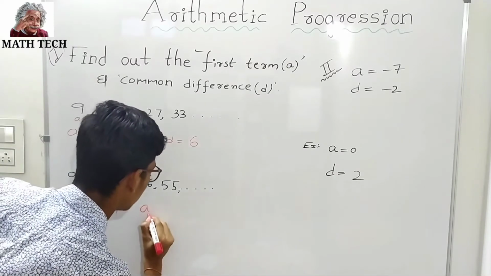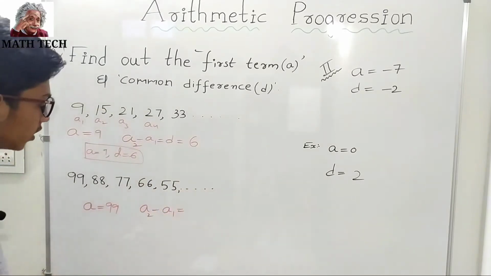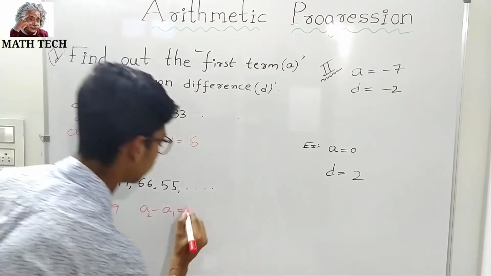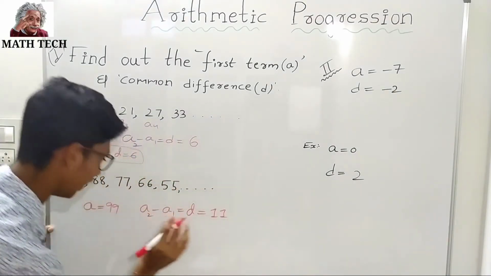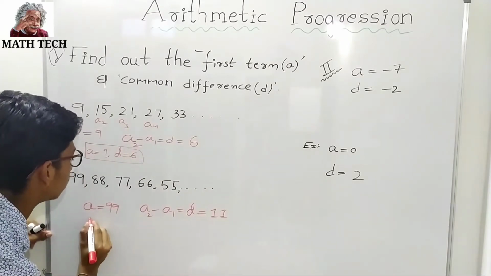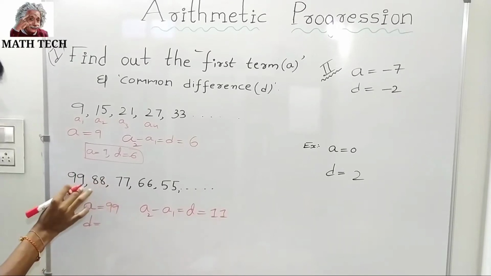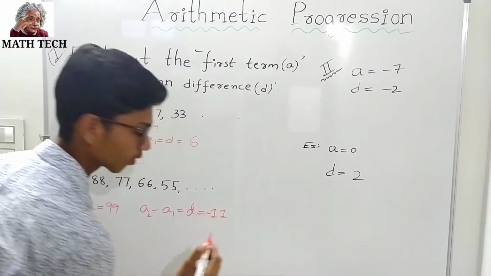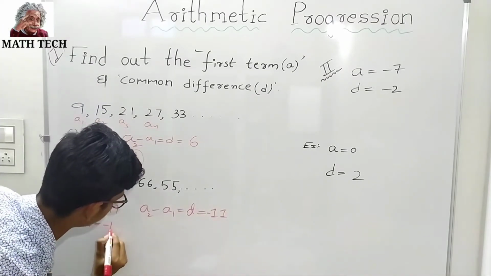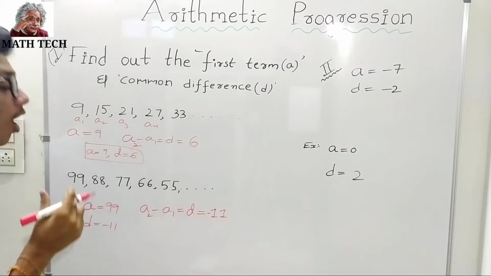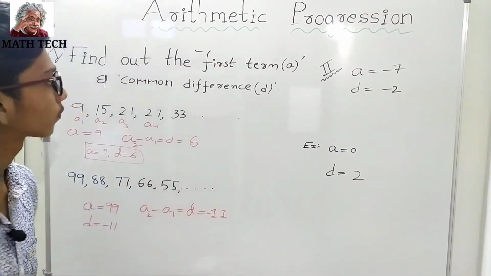So a2 minus a1 is 88 minus 99, which is minus 11. So a is equal to 99 and the common difference d is equal to a2 minus a1, 88 minus 99, that is minus 11. We have already discussed that the common difference can be positive, negative or 0.